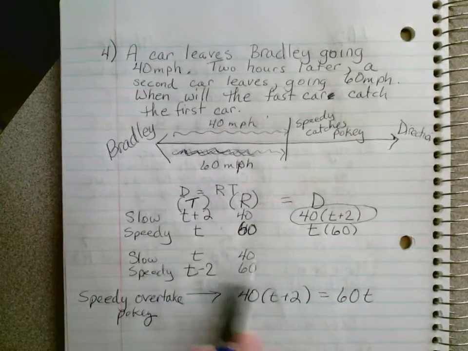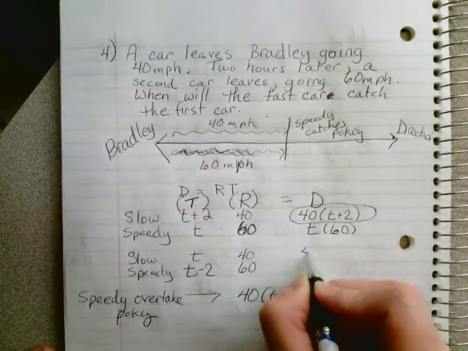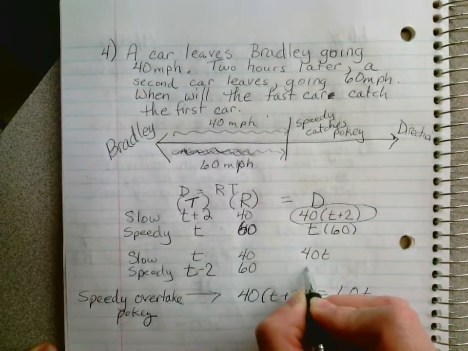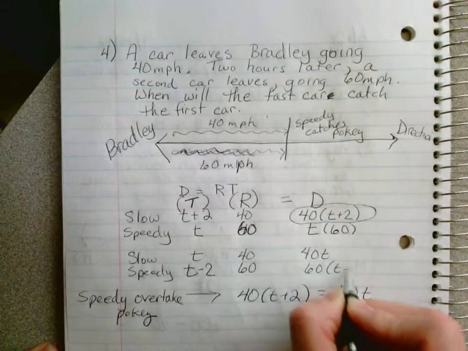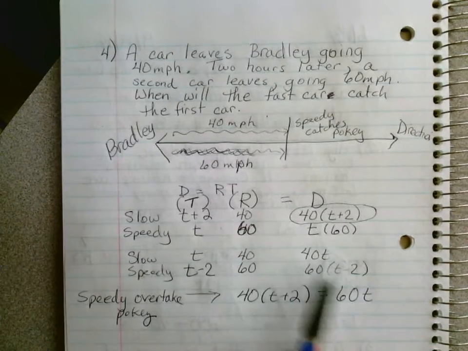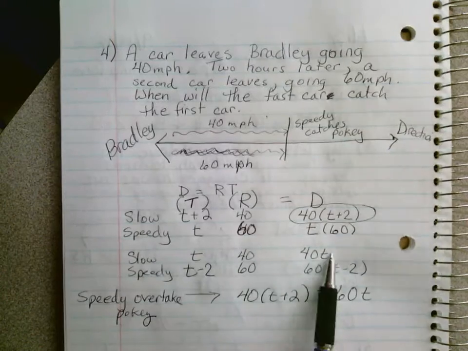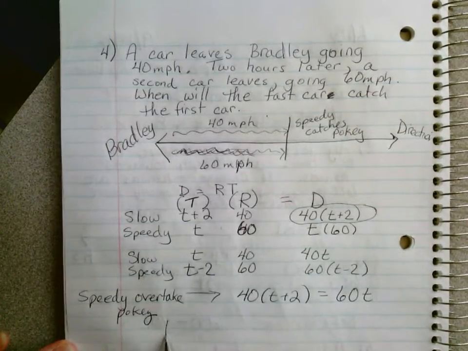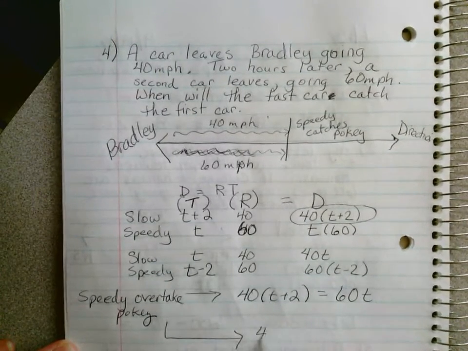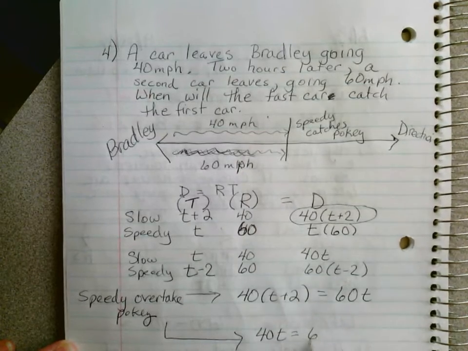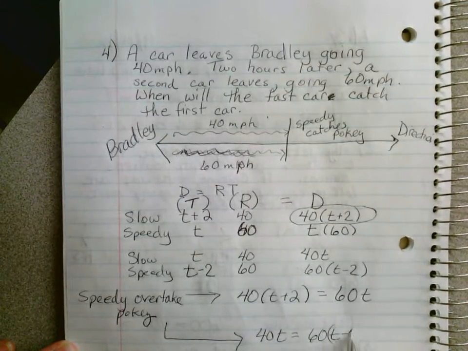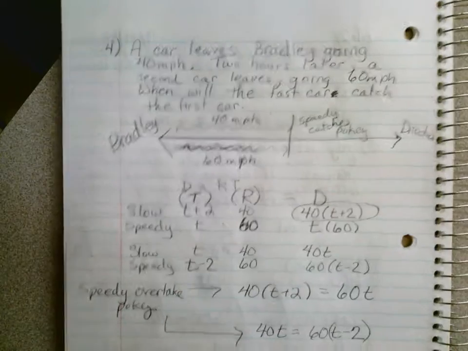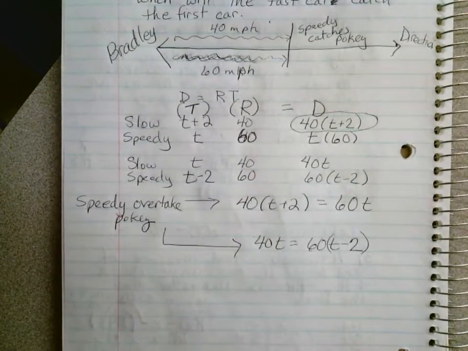Okay, using the other version, it would look like this. And it would do the exact same thing. Pokey equaling Speedy. Either of those scenarios will allow you to solve.